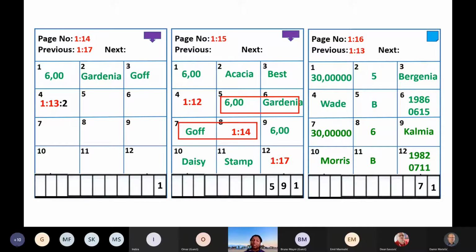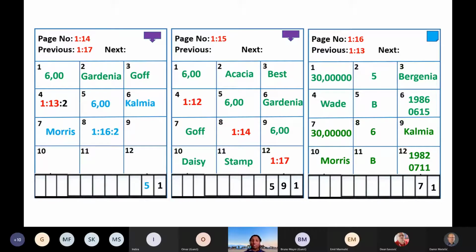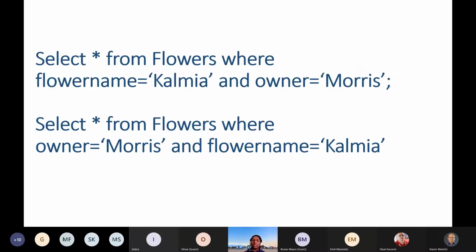Luckily, page number 14 is already in memory, on the left side of your screen. So let's fit Kalmia Morris into page number 14. Sometimes it's easy to maintain the index in memory itself, right? If you have those pages already in memory, it will be easy for SQL Server to maintain the index.